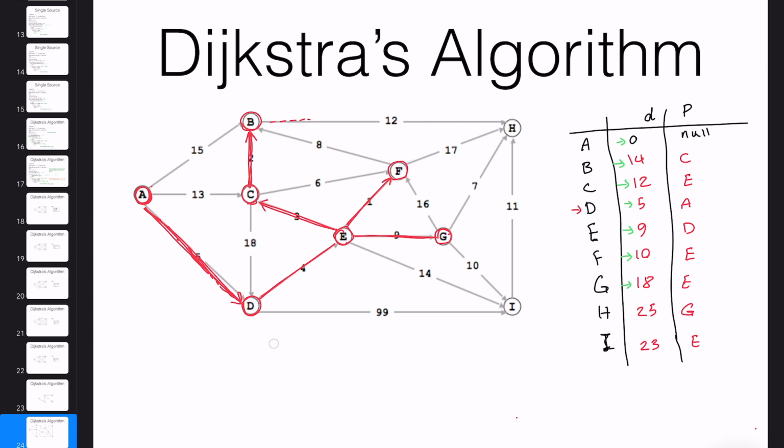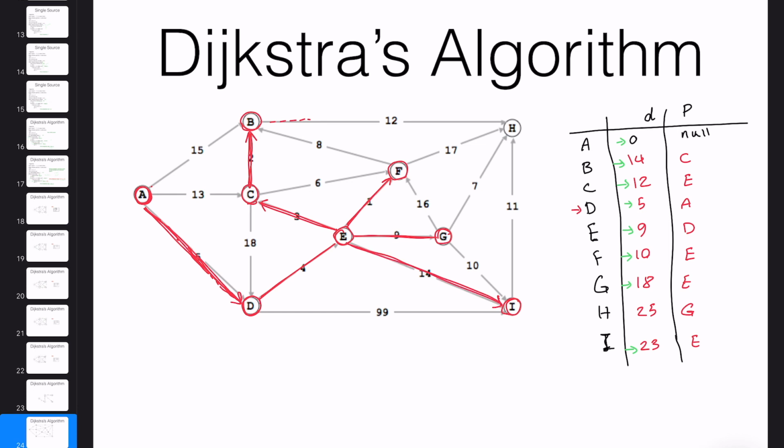Again, we look at the priority queue and we remove another item with the minimum cost, which this time is going to be the node I. So the node I will be added to the tree, and who is the parent? The parent is E. So this is the edge that will be added.